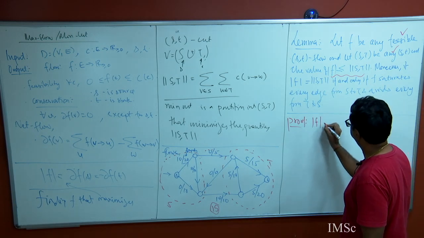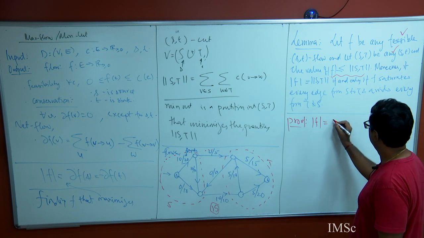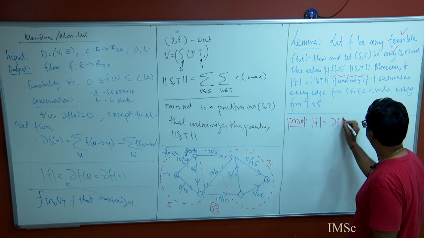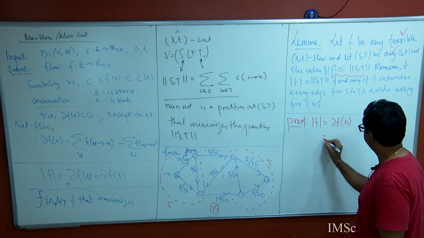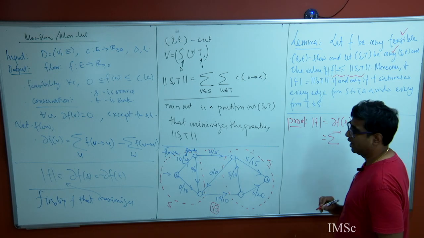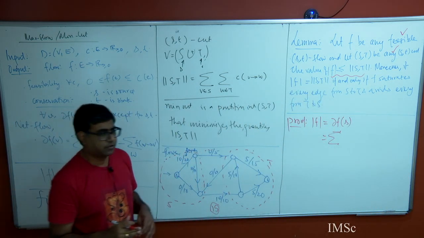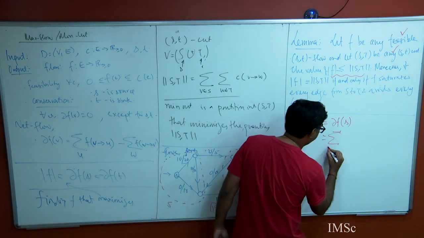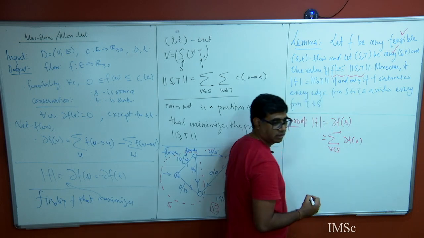So what is the value of F? By definition, this is delta F of s. Now, which is equal to summation, I just add some zero quantity. What do you mean by adding some zero quantity? So I look at summation over v in S of delta F of v, right? Why?